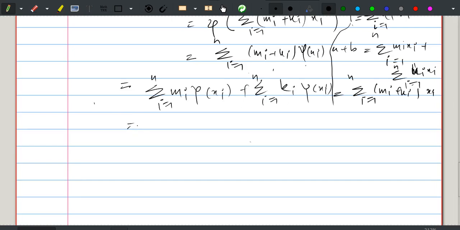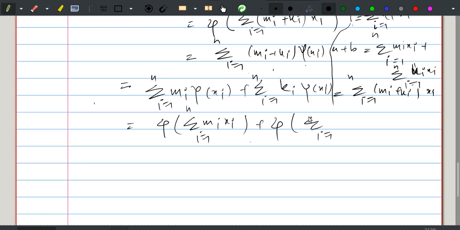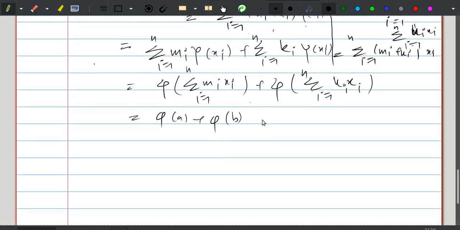So by definition of this phi, this is the same as phi of sigma i goes from 1 to n mi xi plus phi of sigma i runs from 1 to n ki xi. So this is phi of a plus phi of b. Now we only need to prove that this phi is unique.